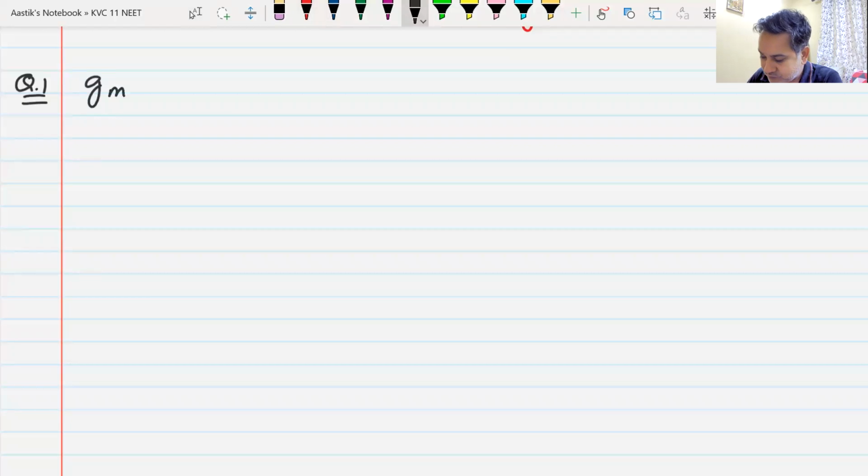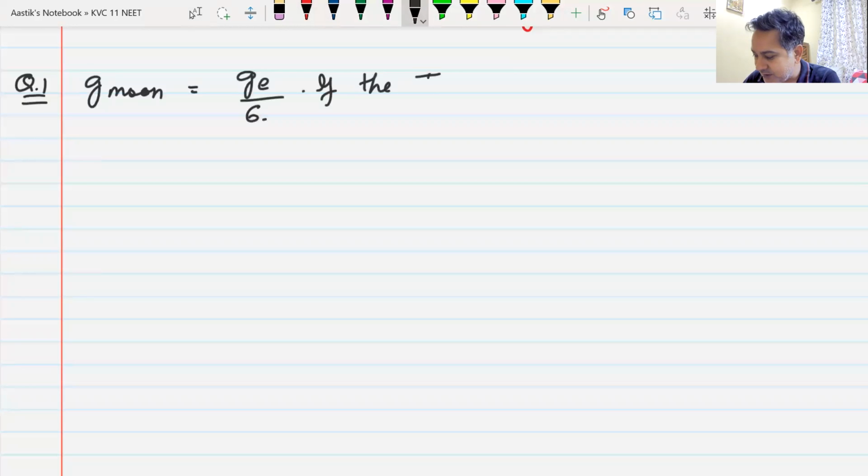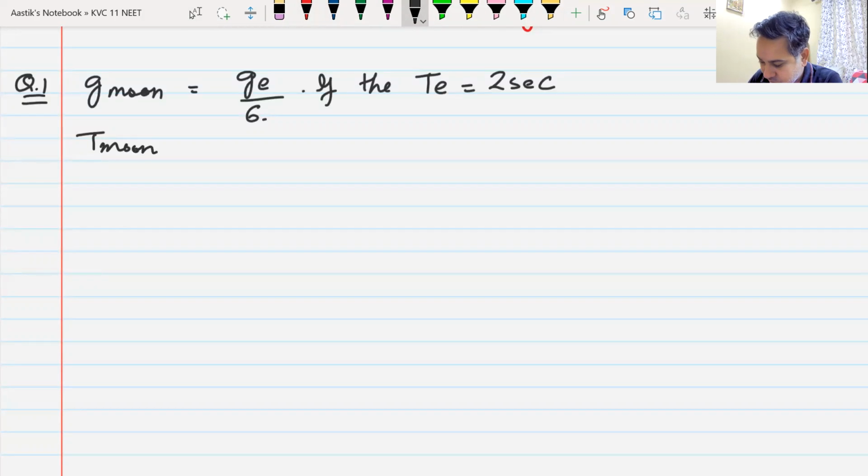Gravity on moon is gravity on Earth divided by 6. If the time of flight on Earth, TE, is 2 seconds, find the time of flight on the moon for a projectile. I'll give you 2 minutes to think about this.